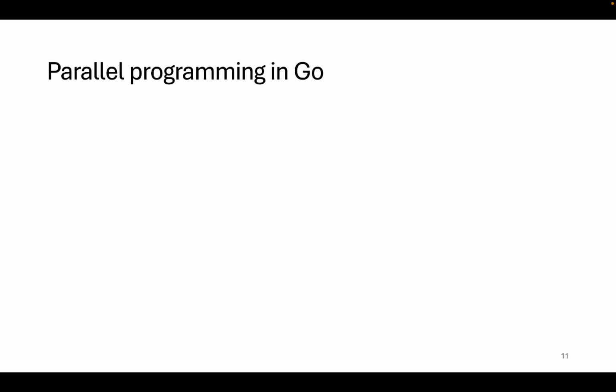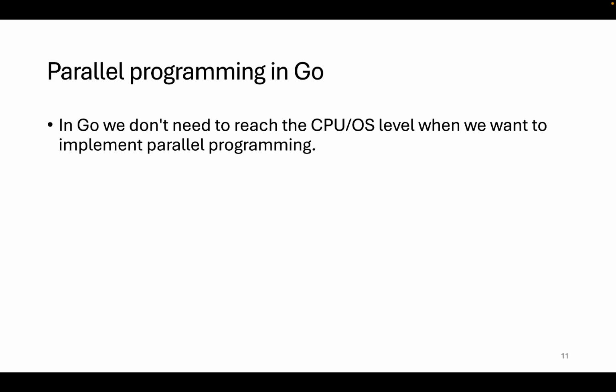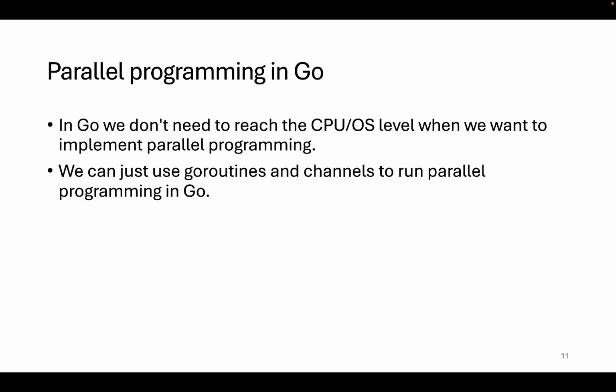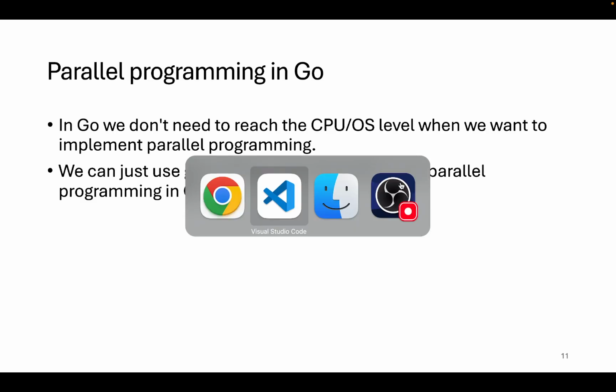Okay, how about parallel programming in Go? In Go, we don't need to reach the CPU or OS level when we want to implement parallel programming. We can just use coroutines and channels to run parallel programming in Go. Okay, let's move to VS Code again.